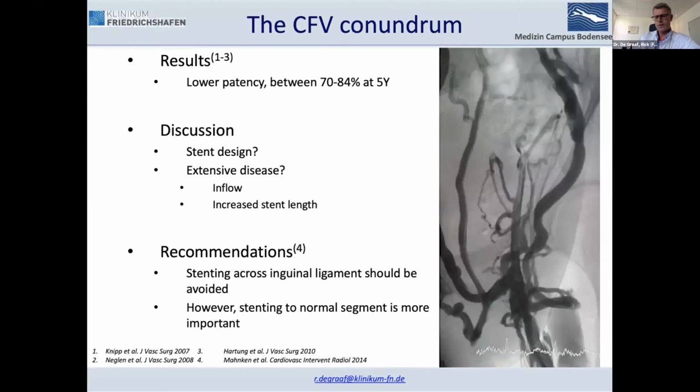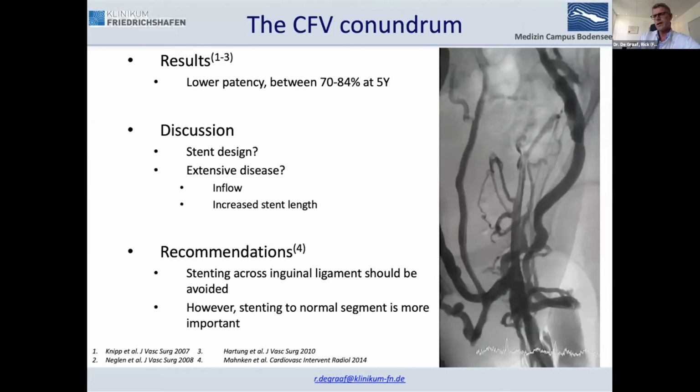So we've been discussing that for a long time. What's going on there? The publications were not very positive on the common femoral vein or stenting below the ligament. Officially, it's called that. So why were the results poor? It could be the stent design. Neglen and Raju only used Wallstents, maybe the specific design caused some problems, or probably some extensive disease.